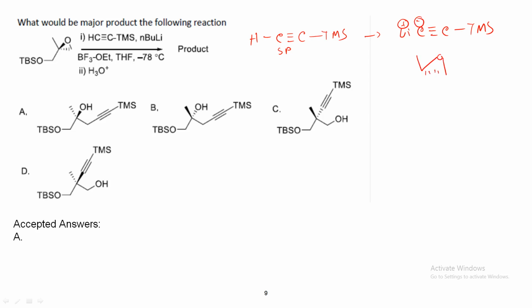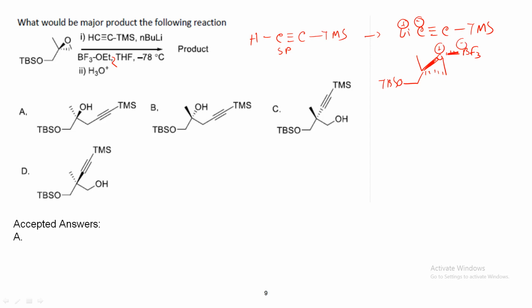So write the substrate like this, followed by OTBS, this protecting group, and BF3 etherate, which is a Lewis acid. When we apply that, this epoxide makes a complex like this, and this center becomes very electrophilic.